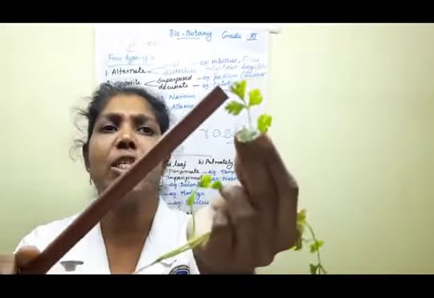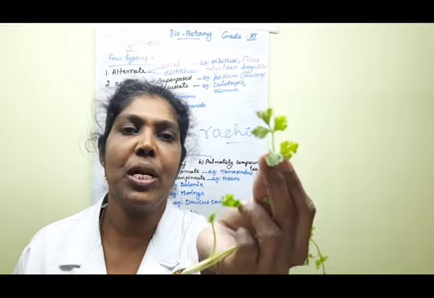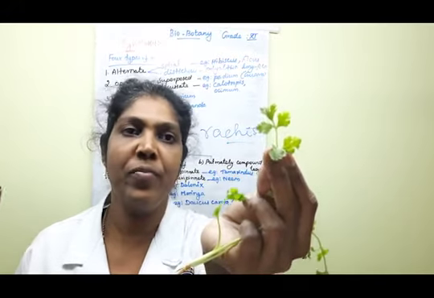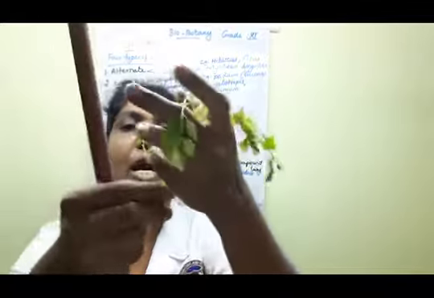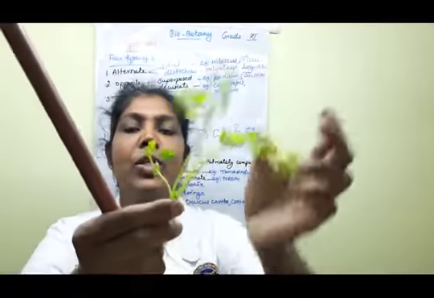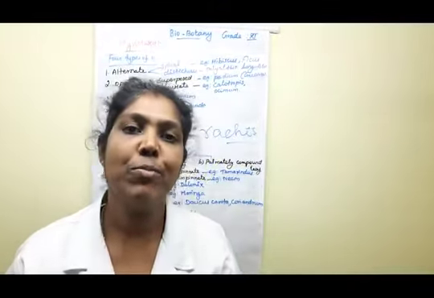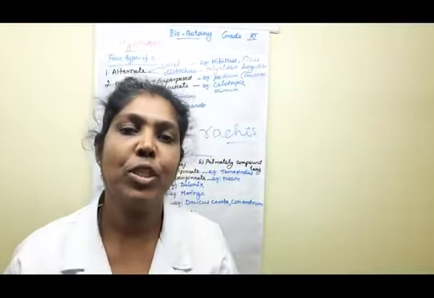Clear? The leaflets have so many divisions here, so it is known as the decompound type of compound leaf. Clear, children? A good example is coriander. So these are the subtypes of the pinnately compound leaf. Clear? Are you understood?